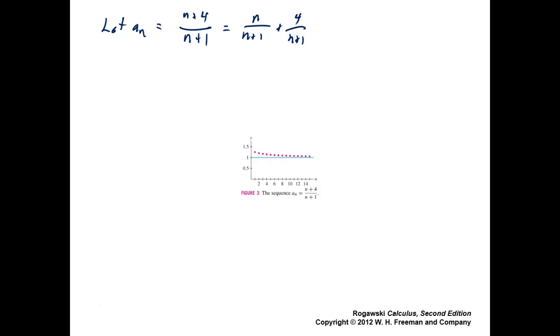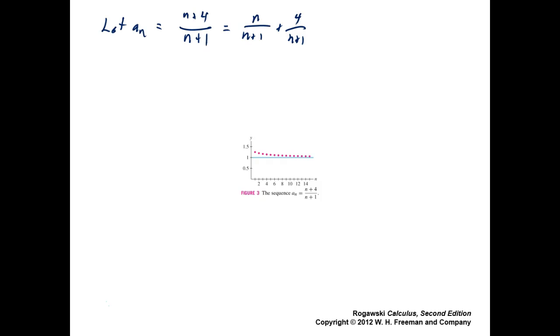Pick a big n. 10 over 11, a bigger one, 1,000 over 1,001. It's not diverging. It's actually getting closer and closer to 1. Do 1,000 divided by 1,001 on your calculator. See what you get. Getting close to 1, exactly.